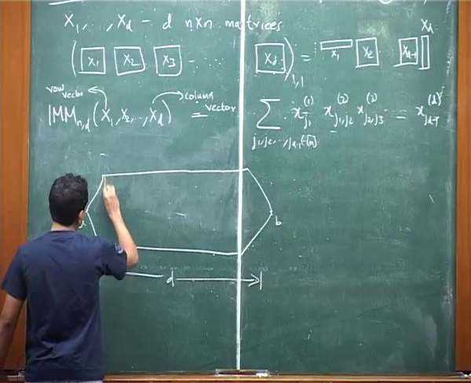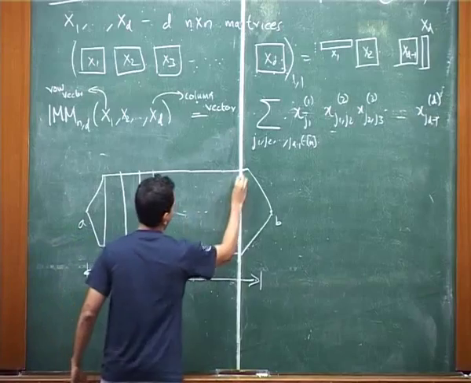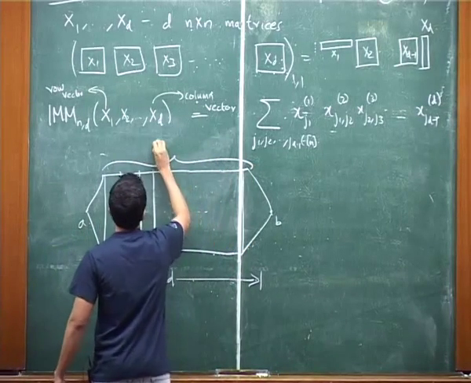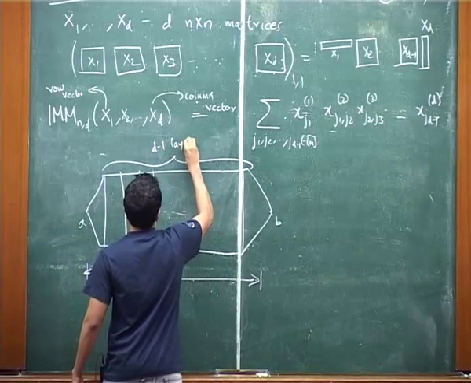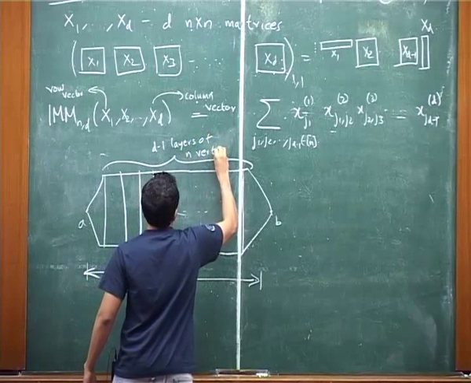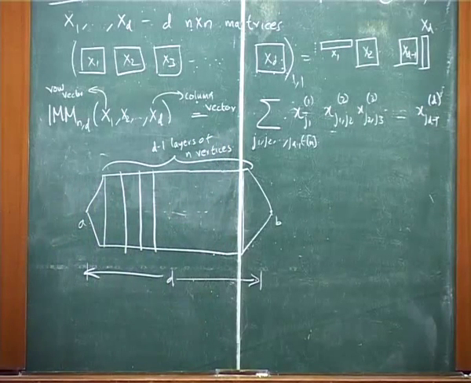And in between you have layers of vertices. How many layers? Well, d minus 1 layers of n vertices each, right?